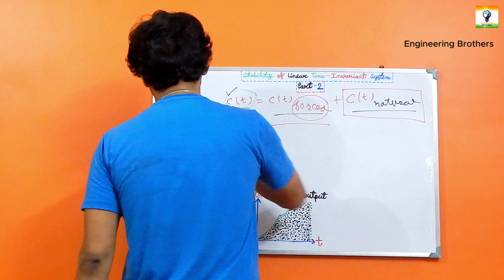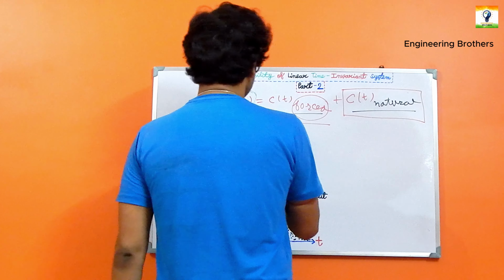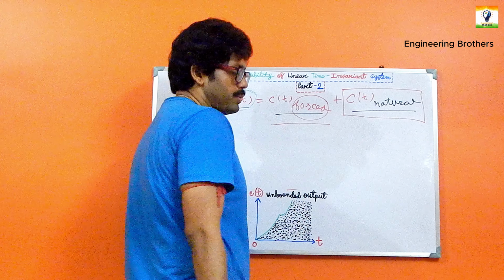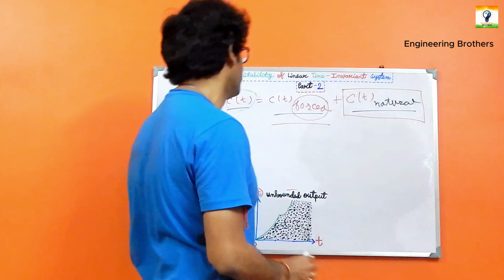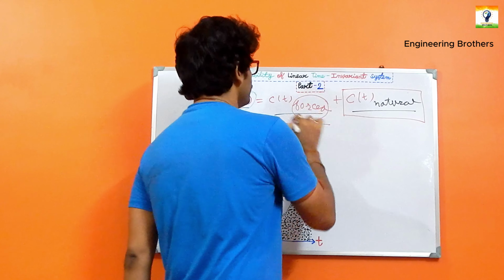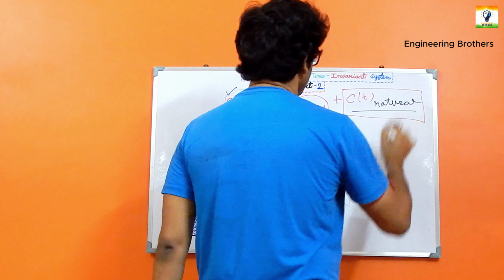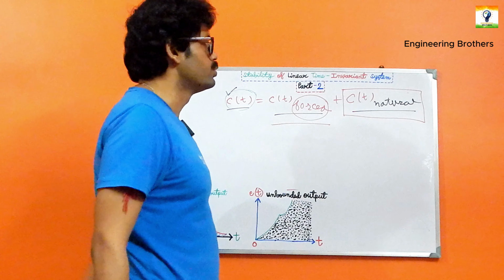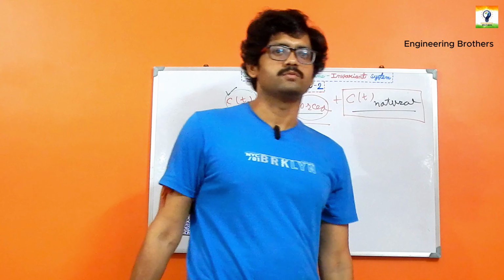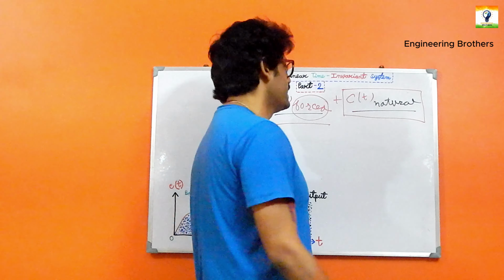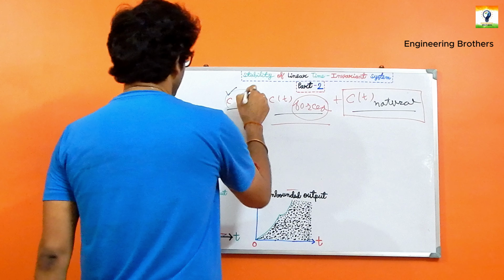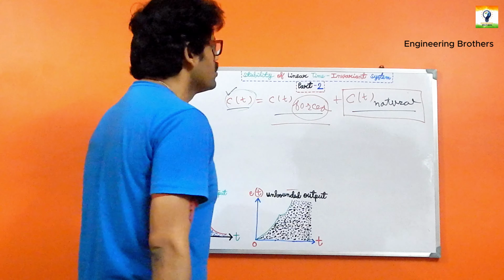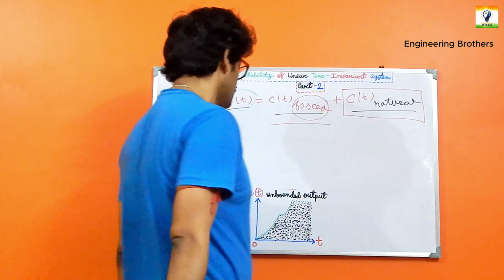Now we can say that the output response consists of two parts: the forced part and the natural part of our output response. This is dependent on our input for the given considered part, and the overall response is directly dependent on this natural part, but we cannot separately consider these two individual parts.